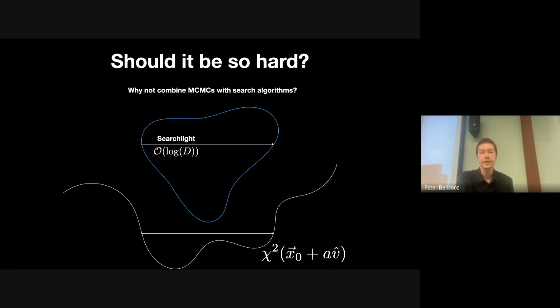Great. And so the thought here is that now I can reduce the problem to a one-dimensional problem. If I pick a good direction, I can go in that direction and end up on a completely different spot. And this is where the log of dimensionality scaling comes in. If I have a generic chi-squared function, and my root finding algorithm is basically binary division of intervals, then the time it takes me to transition from this point to this point depends on the ratio of the thickness of where I'm landing to the overall distance that I'm traveling.